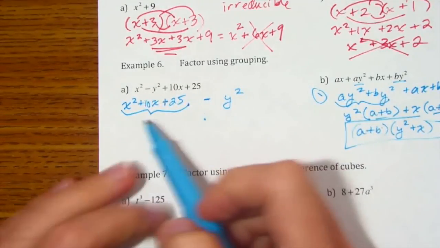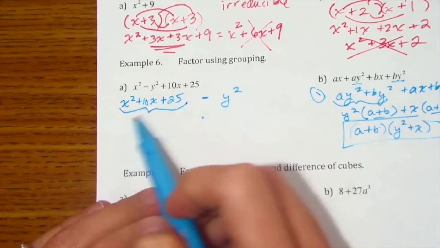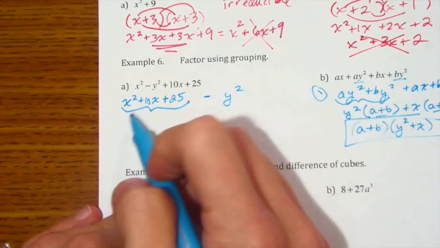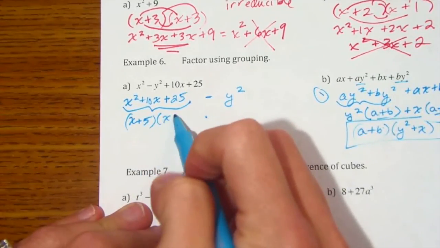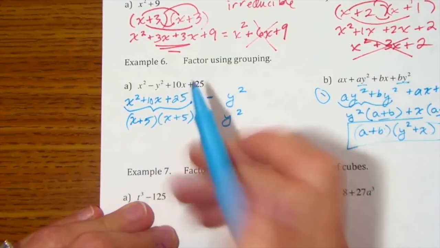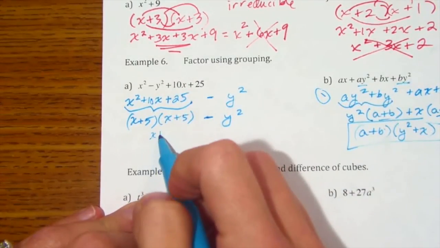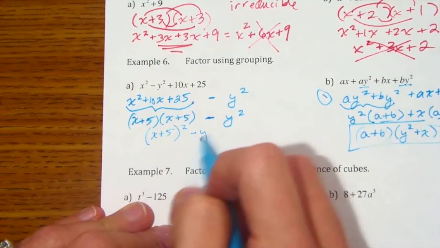So, what is this when you factor it? Is it x plus 5, x plus 5, minus y squared? But x plus 5, we actually have another way to rewrite that. Do you guys know how? X plus 5 quantity squared minus y squared.